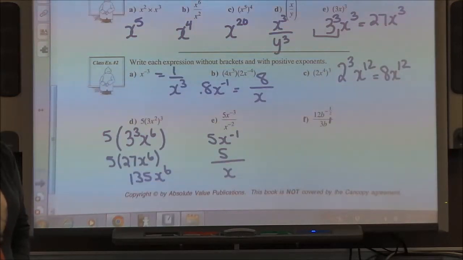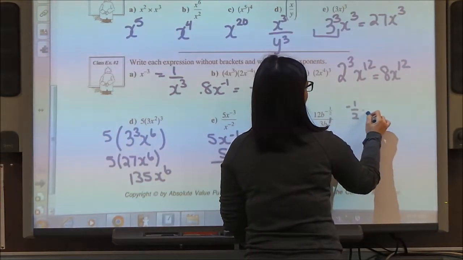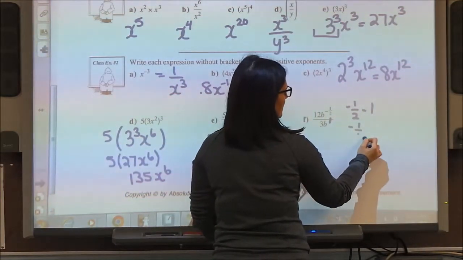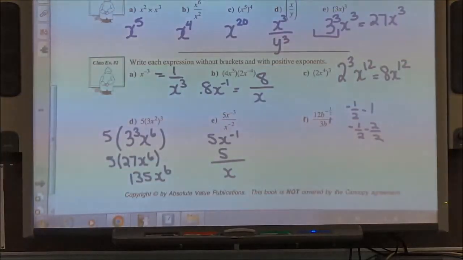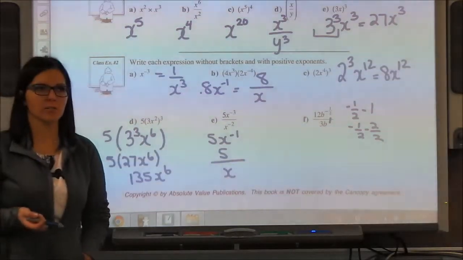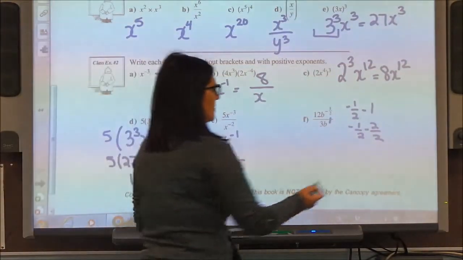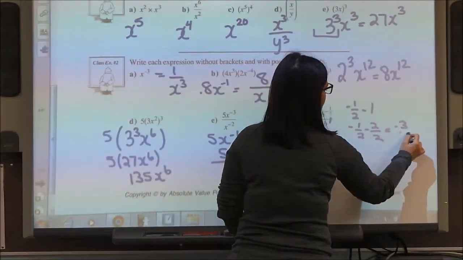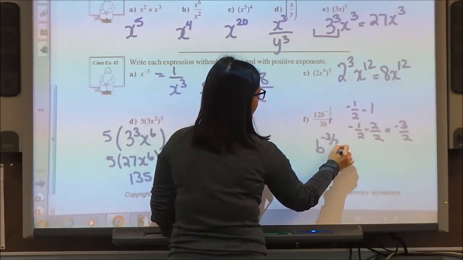Not -1/2. -1/2 minus 1, and 1 is like 2 halves. So if I have -1 minus 2, I owe you $1 and I borrowed 2 more dollars. Now I owe you -3. So I get -3 halves. So I get b to the power of -3 halves.